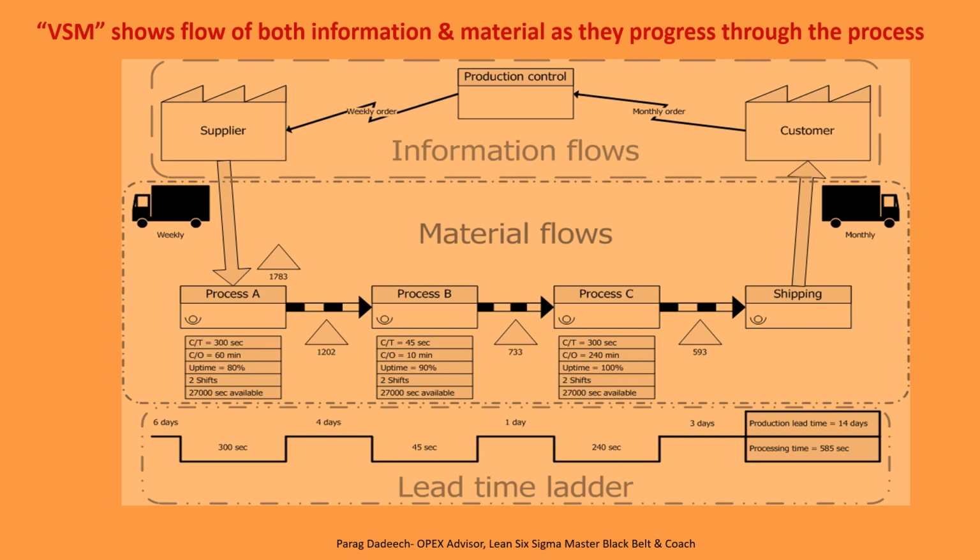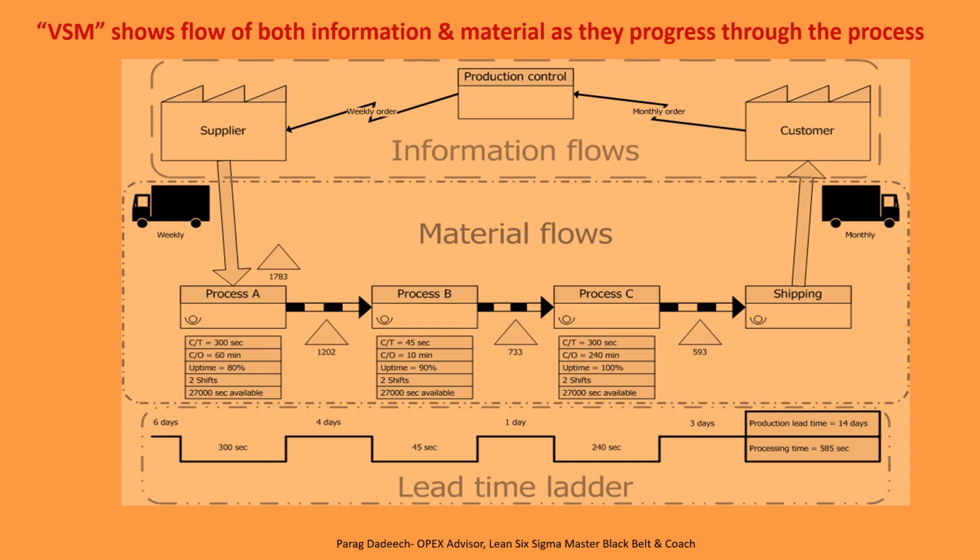That is the time when work is waiting or inventory is piling up, which is a non-value add activity or a waste. In this value stream map, we see that the process time is only 585 seconds. However, the end-to-end lead time is 14 days.